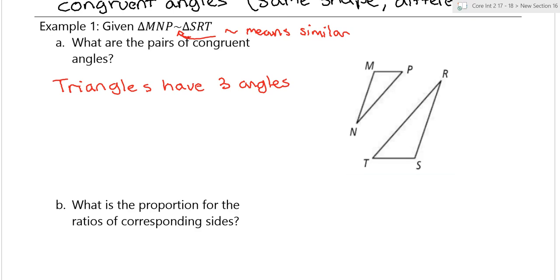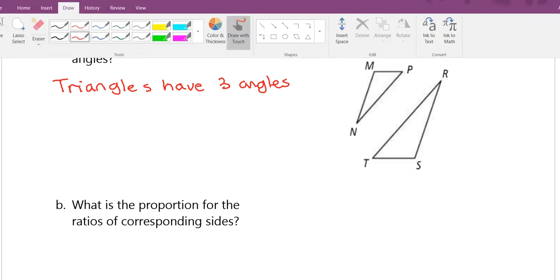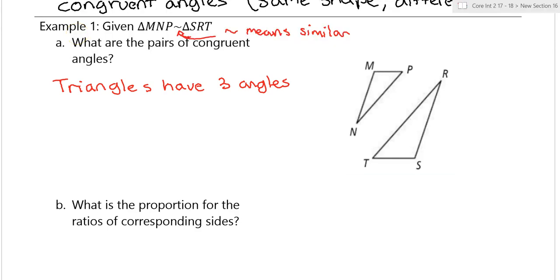Okay? And the easiest way to think about it is to look at the name. And what I mean by name is this. These are the names. It's triangle MNP and triangle SRT.